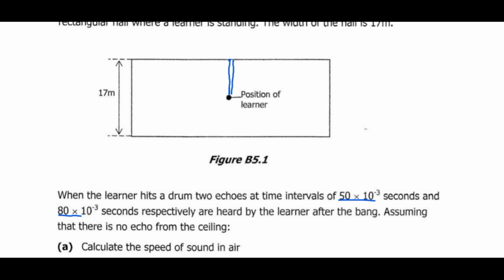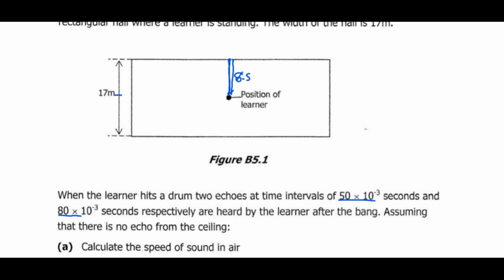So that was the first echo. And we can see that the distance from here up to here, we just consider half of 17. So what is half of 17? So this is giving us 8.5. So this means that when this sound moved in this direction, it covers 8.5, and again when coming back it covered another 8.5.